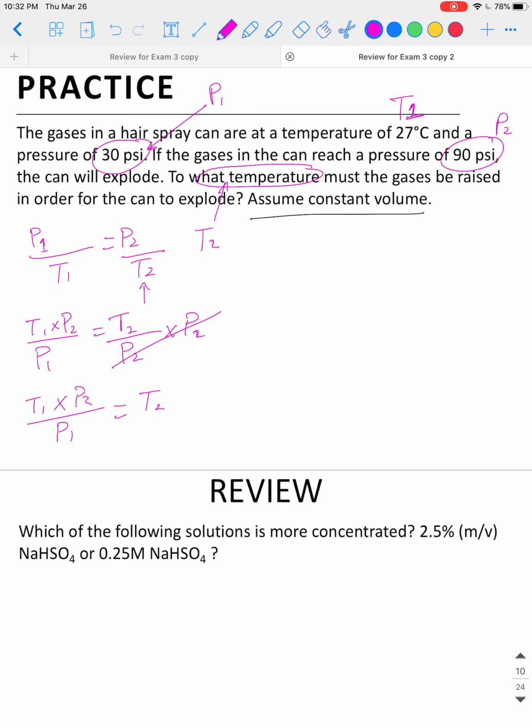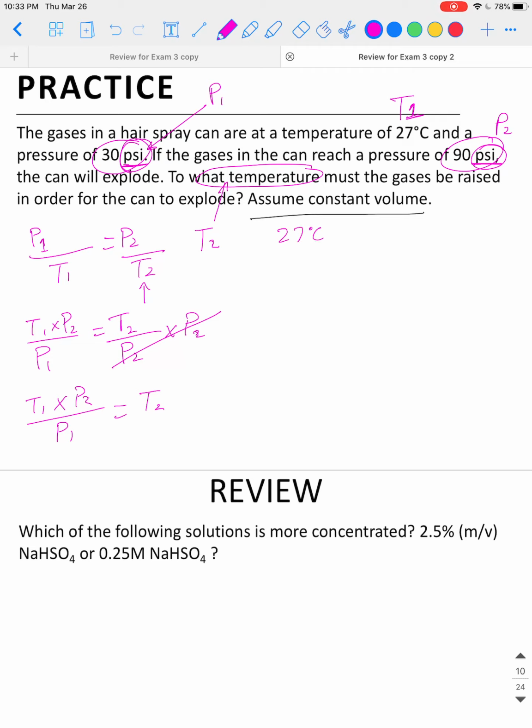The only other stipulation here is that temperature needs to be in Kelvin. So we're going to convert our temperature to Kelvin. We see that both P1 and P2 are the same units, so that's good. We don't have to do any other conversions. If it gave you a unit of like atm for P1 and psi for P2, you would have to convert the pressures to make sure they're the same units, but we already have the same units on pressure, so we don't have to do any added conversions there.